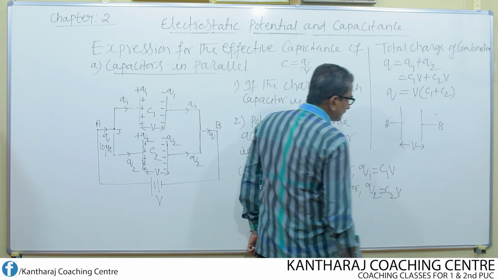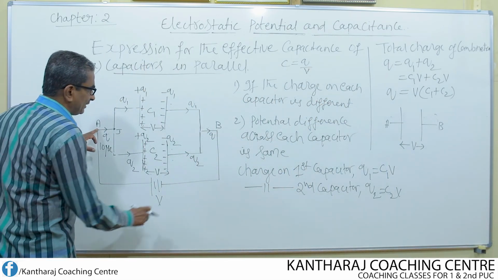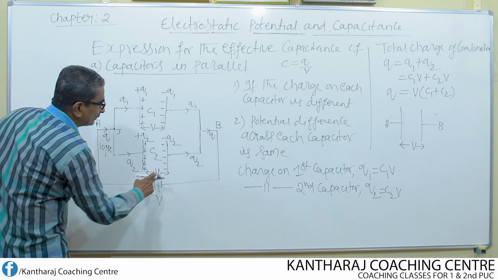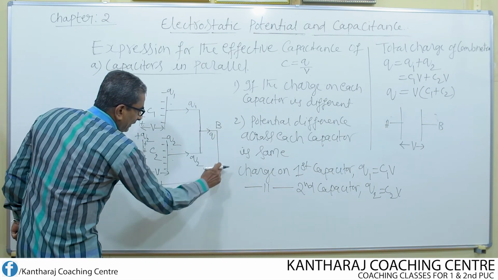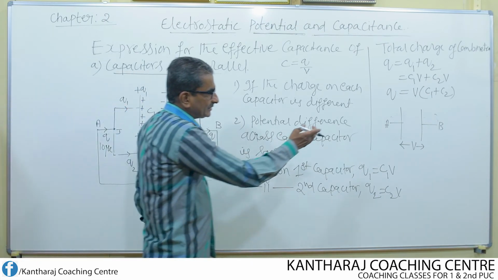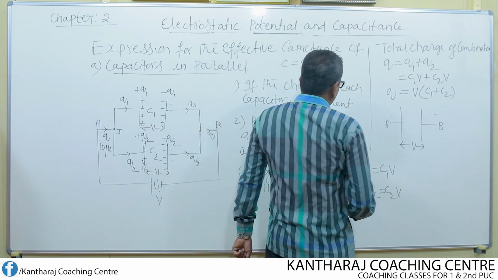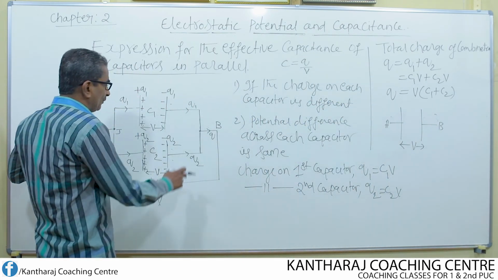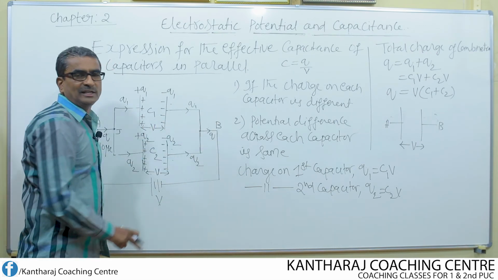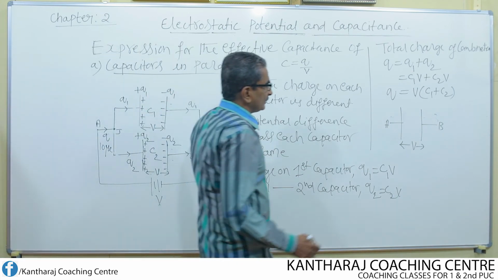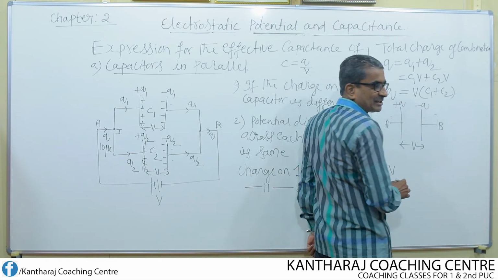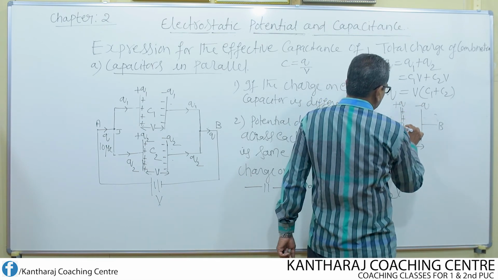What's the potential difference between A and B? It is V, because A is connected to positive and the terminal B is connected to negative. Same thing exists here. And what's the total charge between the two points A and B? It is nothing but Q. Q enters and Q leaves the junction. So, this plate will have a charge plus Q, and this plate will have a charge minus Q.